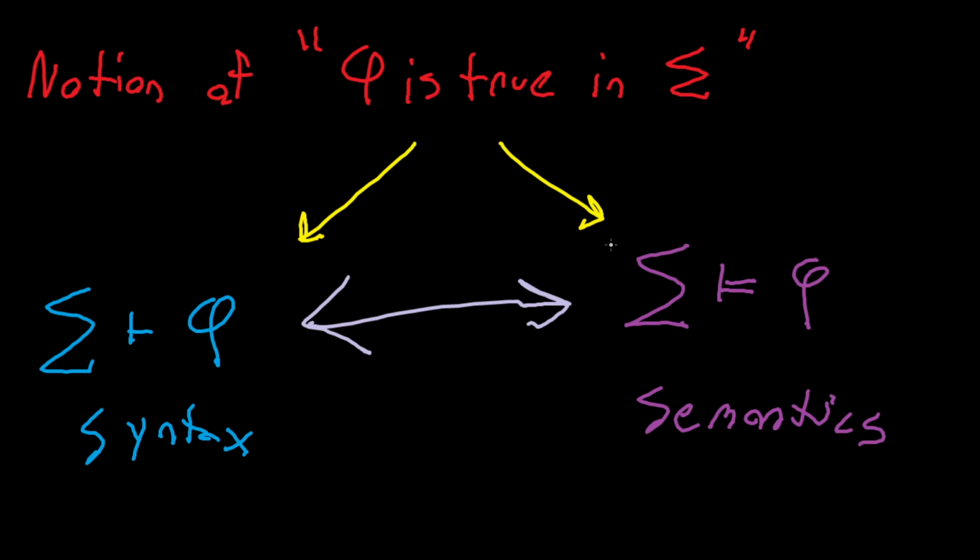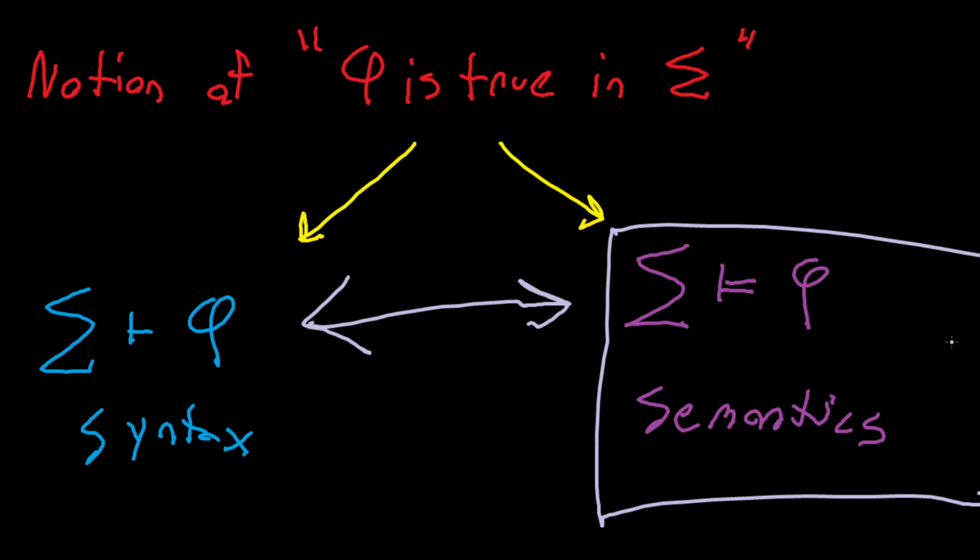We're 7 minutes in, so why don't we start with this one? Because we'll actually handle both in this video. But let's define the semantics one first, because it's far simpler.